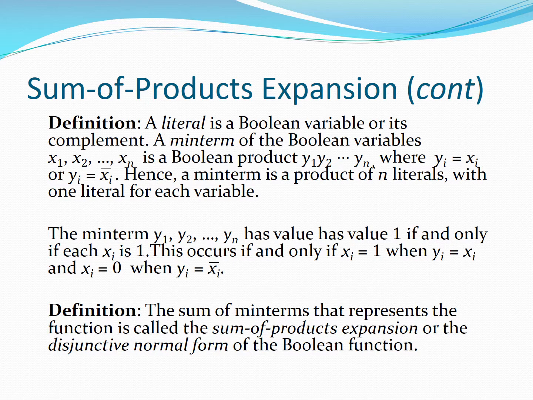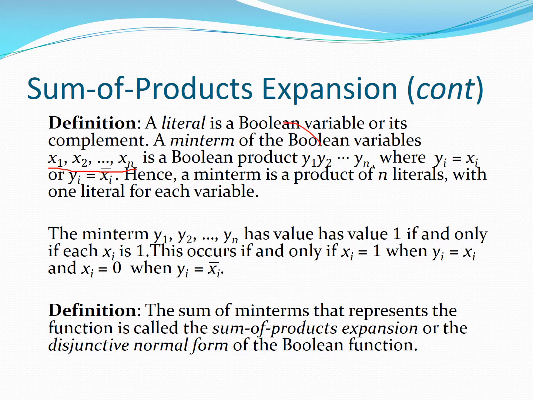All right. Now, what exactly is a minterm? A minterm of Boolean variables: let's say there are n Boolean variables, x1, x2, so on till xn. It is basically going to be a product of the literals which come from these Boolean variables x1 so on till xn.